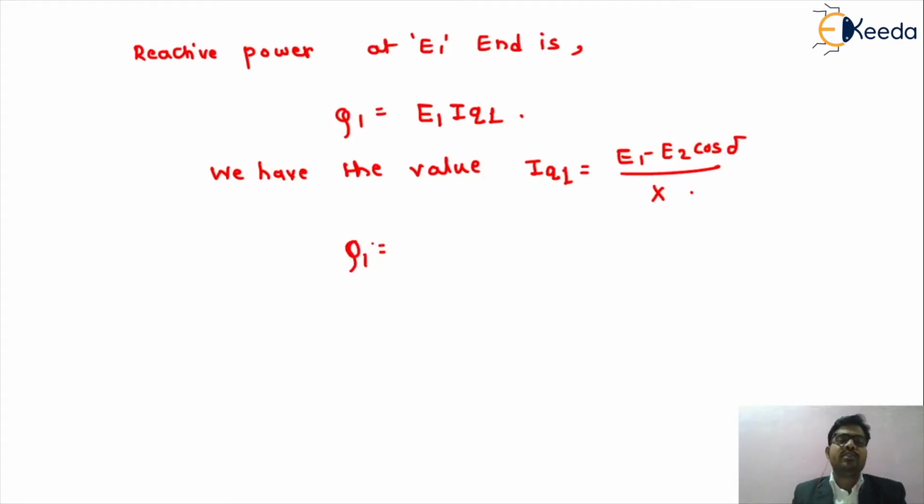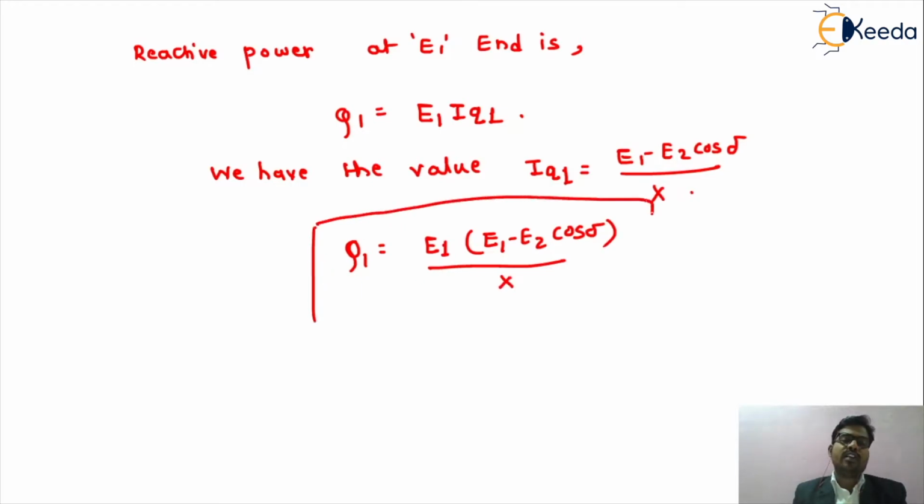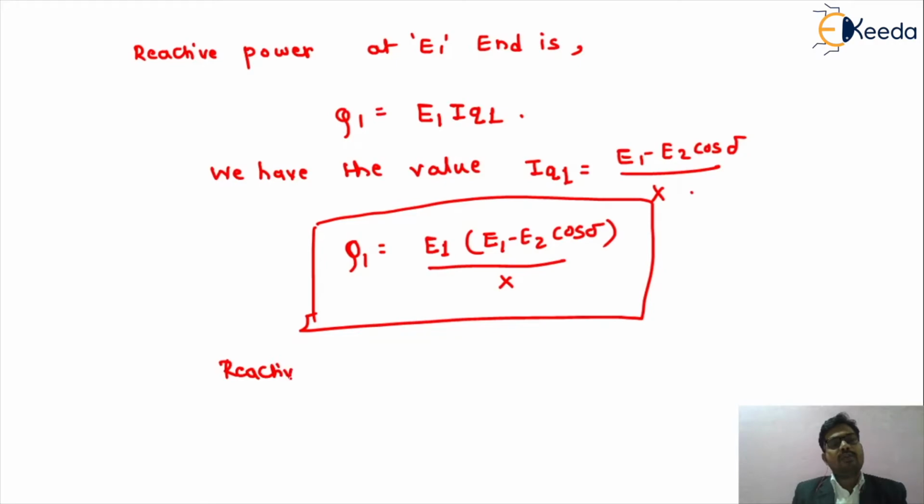So we are getting this equation: Q1 is equal to E1 into E1 minus E2 into cos del divided by X. So this will be the equation of your reactive power at sending end.